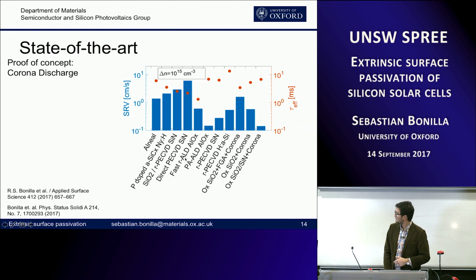Then there was the development of ALD aluminum oxide, which produced some of the lowest ones. And the last 3 is the work that we've done on silicon dioxide. And here we can see that those surface recombination velocities, as compared to all of the other major techniques to passivate a silicon surface, are very good, especially in the case of an oxide nitride layer.